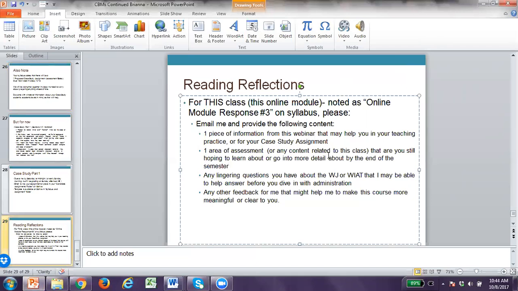So it could be content that we've already covered that you feel like you want more detail on, or you want to revisit, or it could be content that we haven't yet covered but is really high priority to you, so you want to make sure we really focus on that closely in our upcoming weeks, so that I can make sure that by the time we get to the end of this semester, everyone's revisited or gotten the content that they are really needing to get out of this class.